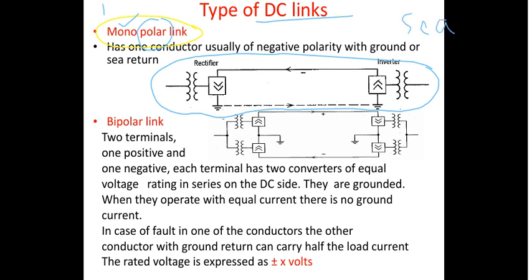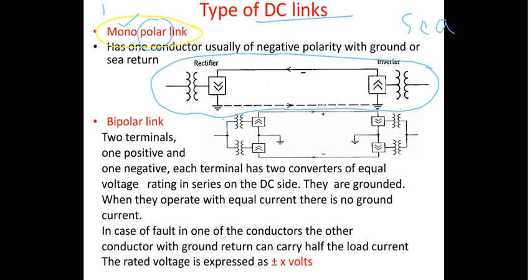So now here basically there are many disadvantages, right? Since it uses the earth as the return path, there is no guarantee that you get the proper working of these things. That all depends upon the external conditions. But it is the simplest one. You can see here it uses one conductor with a negative polarity with the ground or sea return.